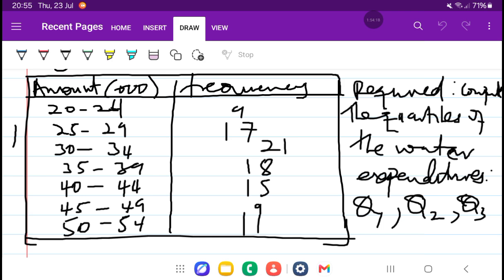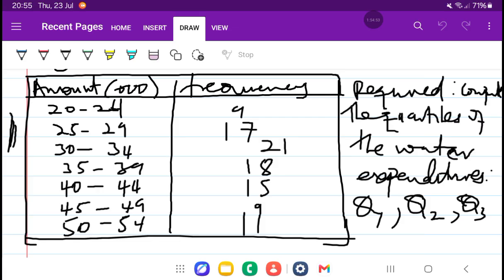You'll find someone wasting time putting their x, the midpoint, where you get 20 plus 24 divided by 2. You only put what is required in the formula. So here we are just going to show the classes, then the frequency, cumulative frequency, and then the class boundary or the class limits.